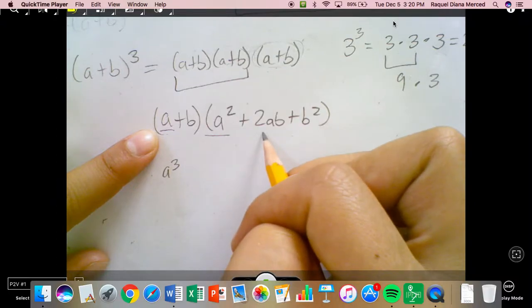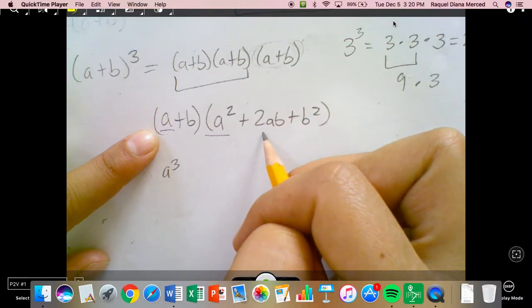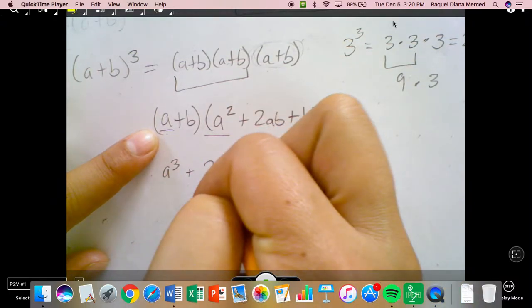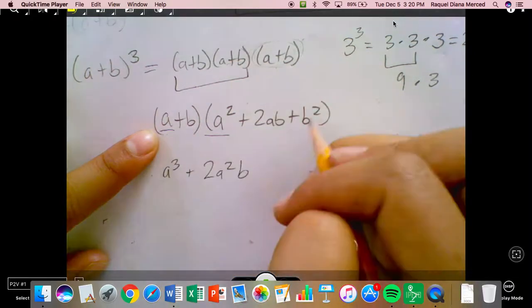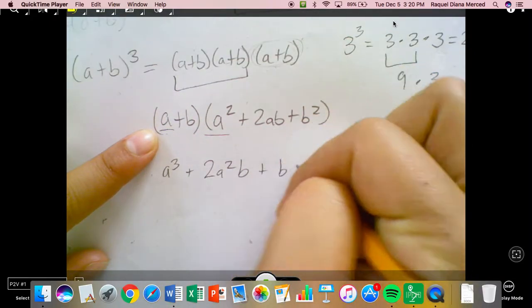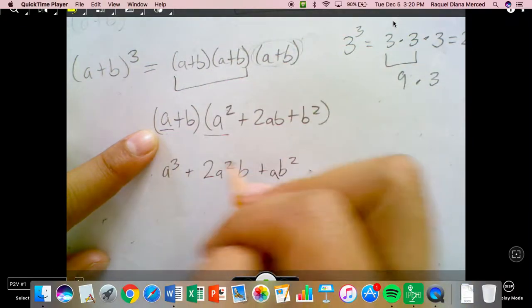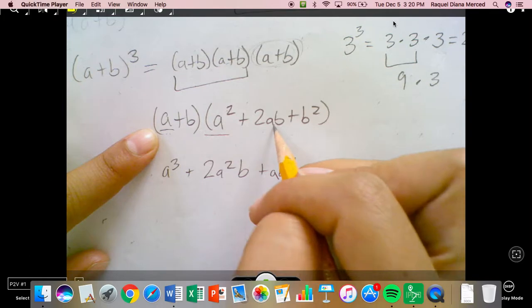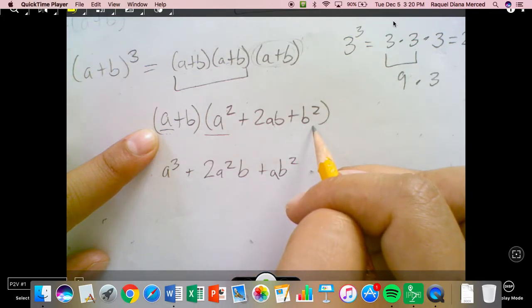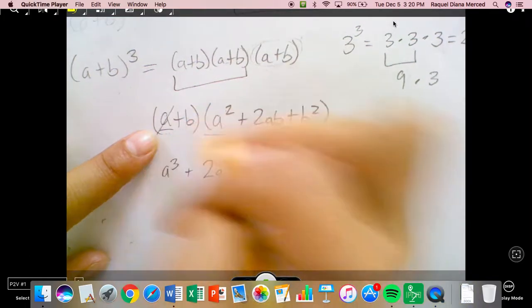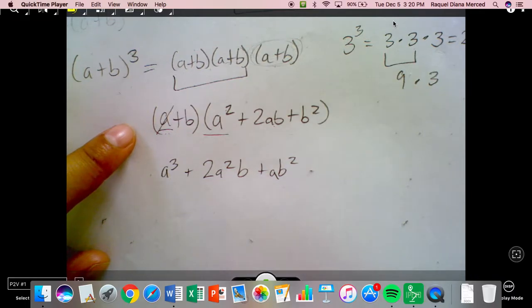A times plus 2ab is 2a squared b. A times b squared is ab squared. I'm done with the a. I've multiplied it to every term in the second parenthesis, so I'm going to just cross it out because it helps me keep things in order.